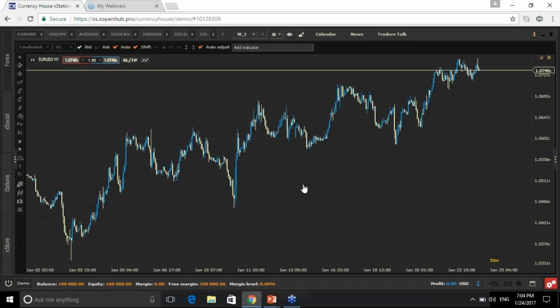Well, let's try to understand what is a trend, how to identify it, and it's a very simple rule. Once you see a consecutive number, several higher highs, like here we do, so the highs of the price are getting higher and the lows are also getting higher.